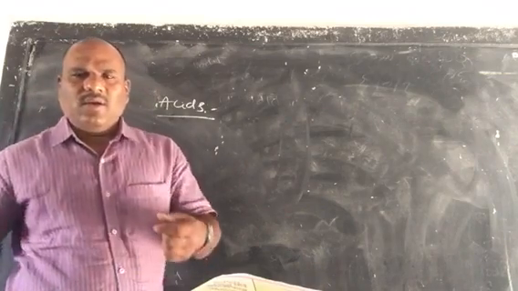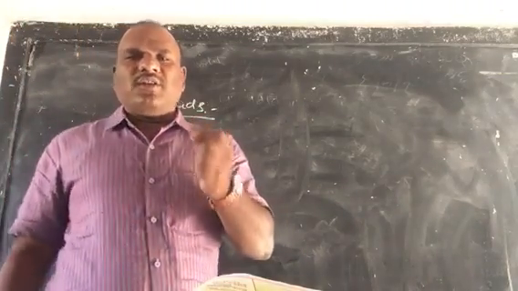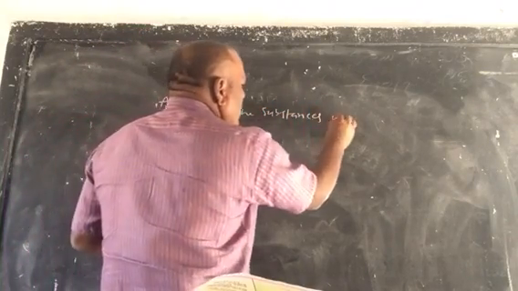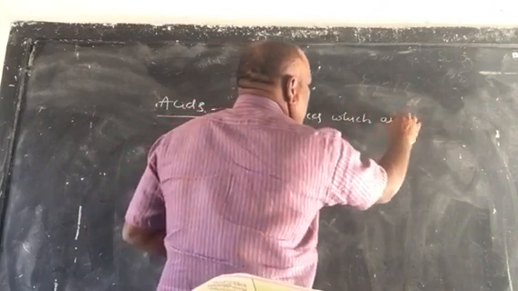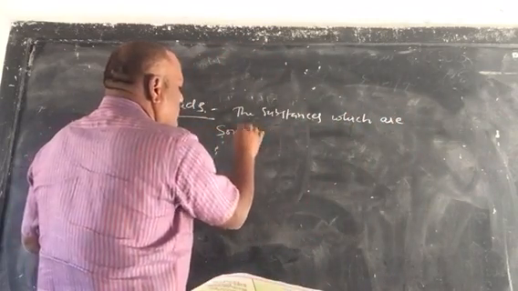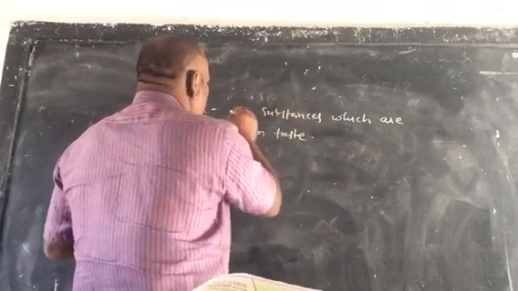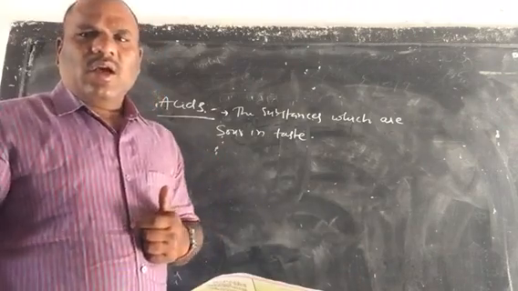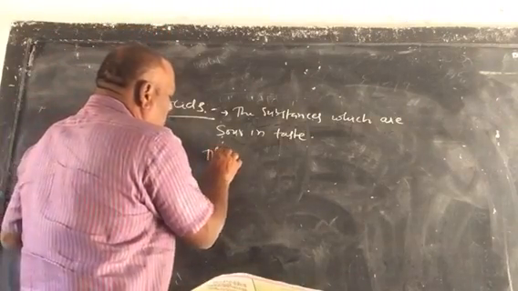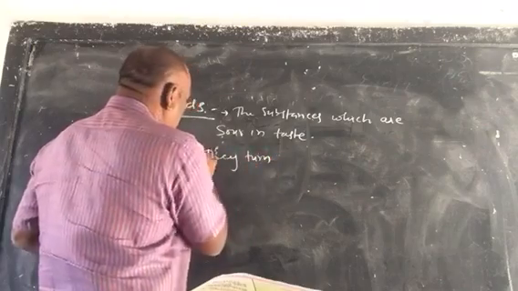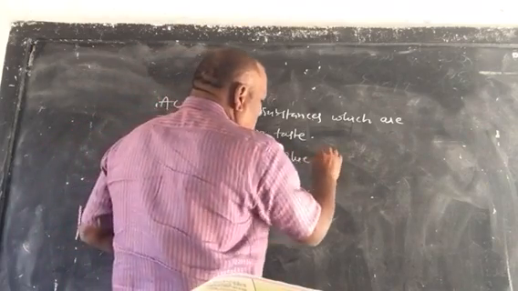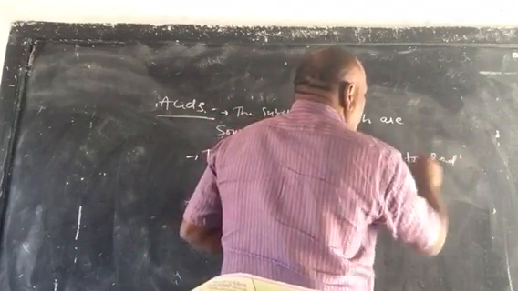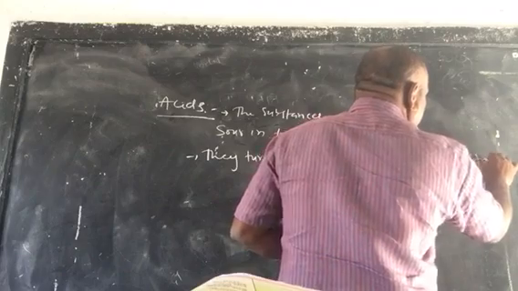Acids means the substances which are sour in taste, children. The first point is the substances which are sour in taste are called acids, and also they turn blue litmus paper to red litmus paper.